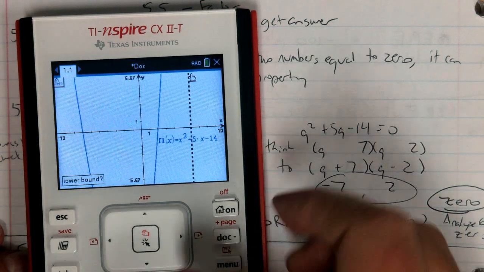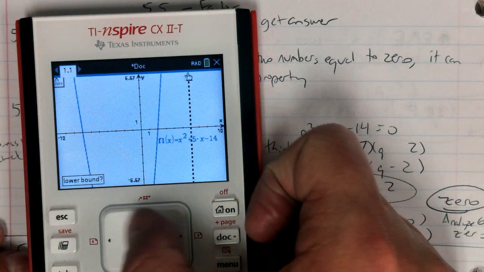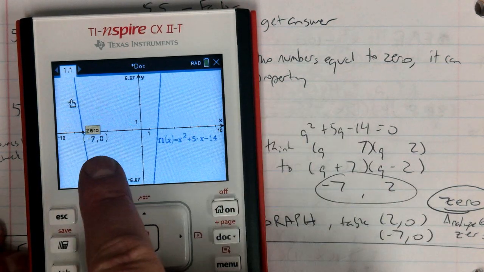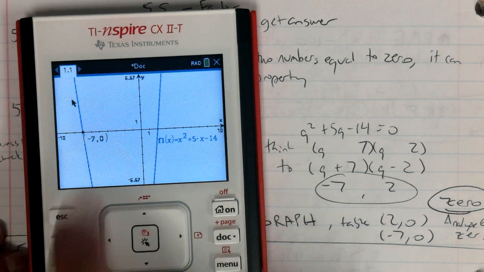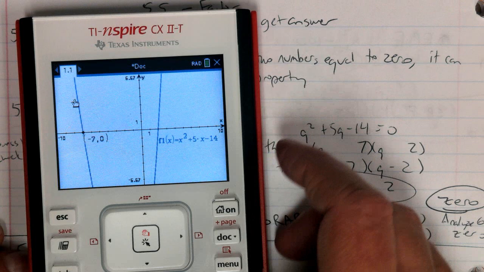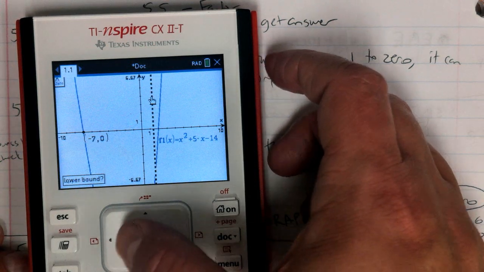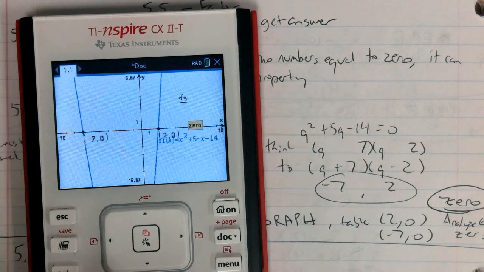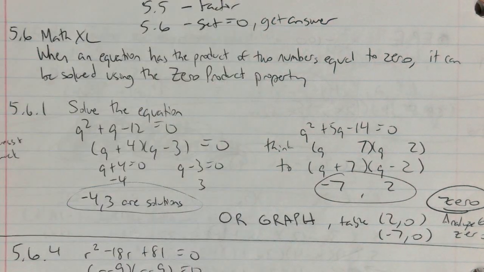And then you just say for the lower bound, let's go to this side, and I trapped it between there and there, and it was negative 7, 0. And go back to Analyze, do 0 on the graph between here, and then for the upper bound I went to this side, so I get 2, 0. And so there you have it.